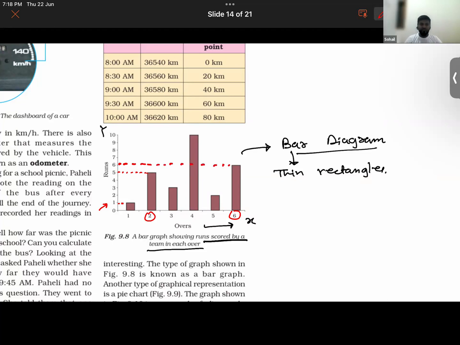Okay, so it is a graph in which the positions and heights of the bars represent the values of the variable quantity. Like here we took runs and overs. We could have taken speed also. We could have taken marks scored by you in your exams as well. We could have taken the weight of a man with his age as well.